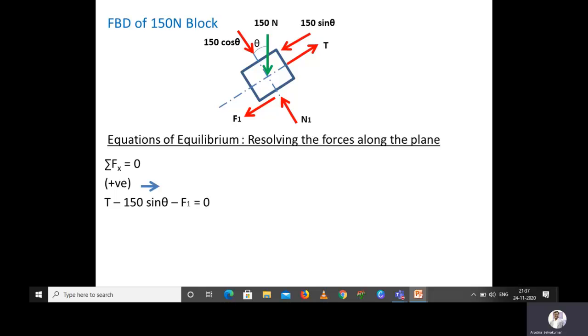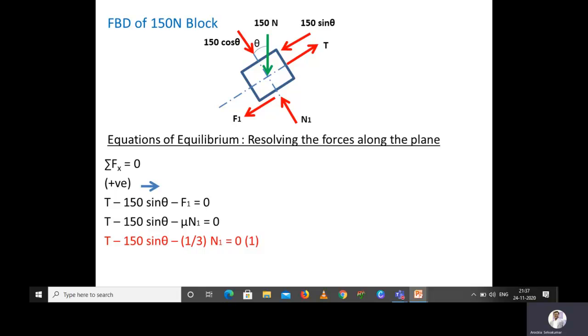We can substitute F1 as mu times N1, and mu is given as 1 by 3. So T minus 150 sin theta minus 1 by 3 N1 is equal to 0. We take this as the first equation.